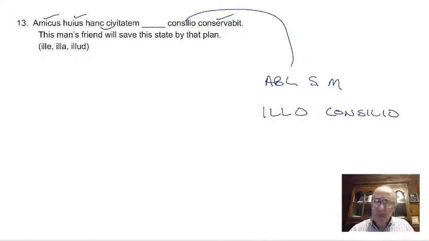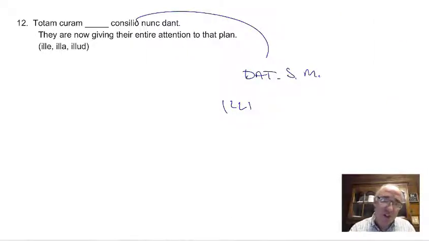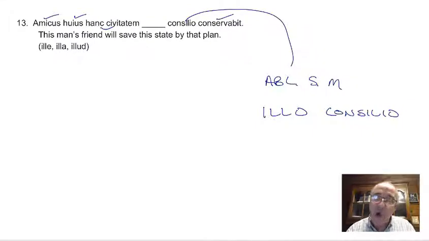Imagine the Roman. Both of these have the word concilio, but illi concilio is to that plan because it's dative, but illo concilio is ablative, by means of that plan. This is such a fine point of Latin, and I really hope that you get it.